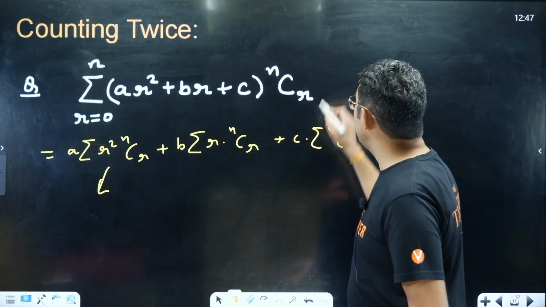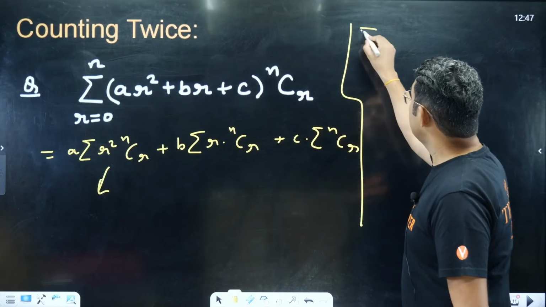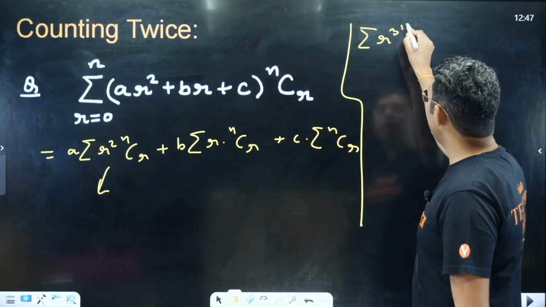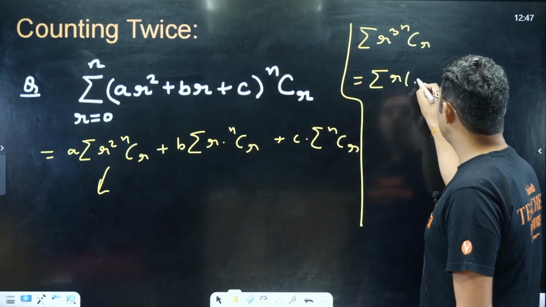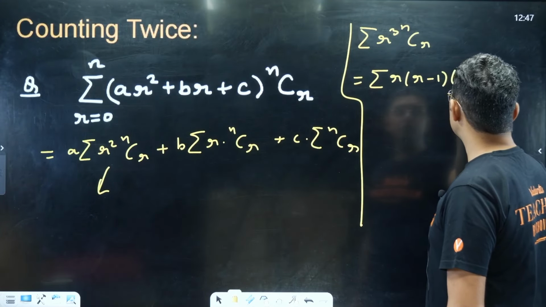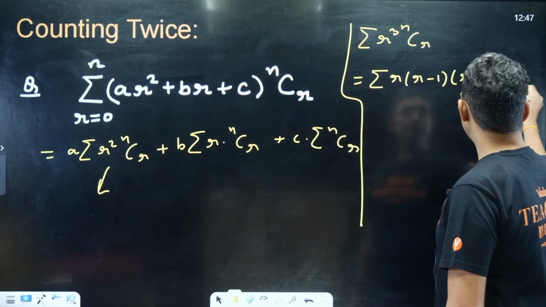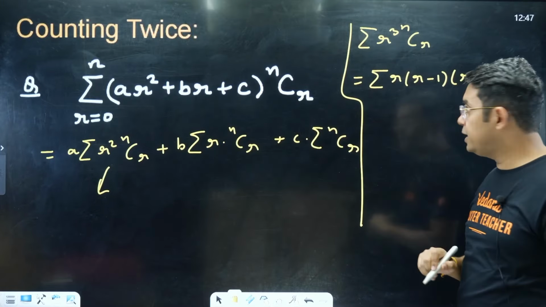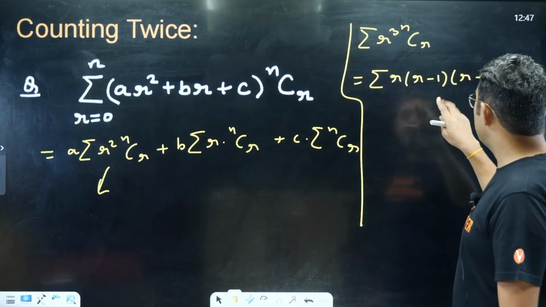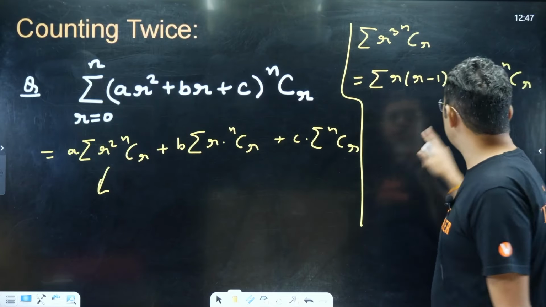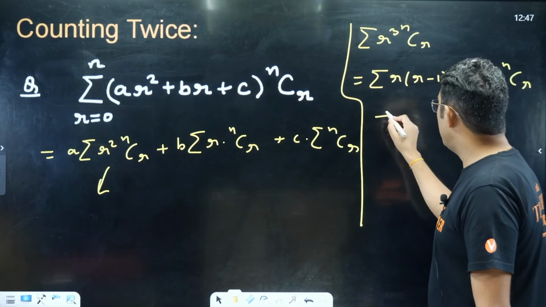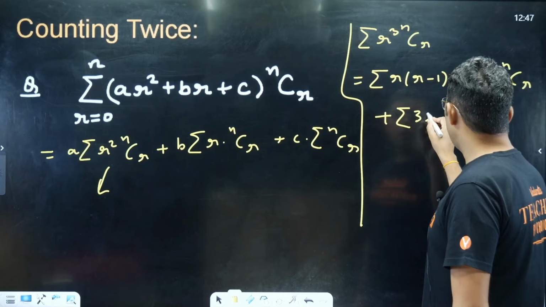If you are looking for, let's say, summation r cube into nCr, what you will do, you will be writing it as r into r minus 1 into r minus 2 into nCr. So the r cube term is taken care of, but we have subtracted, is it subtraction? Yeah, subtracted the r square term 3r times, I think. So I will be adding 3 into r minus 1.